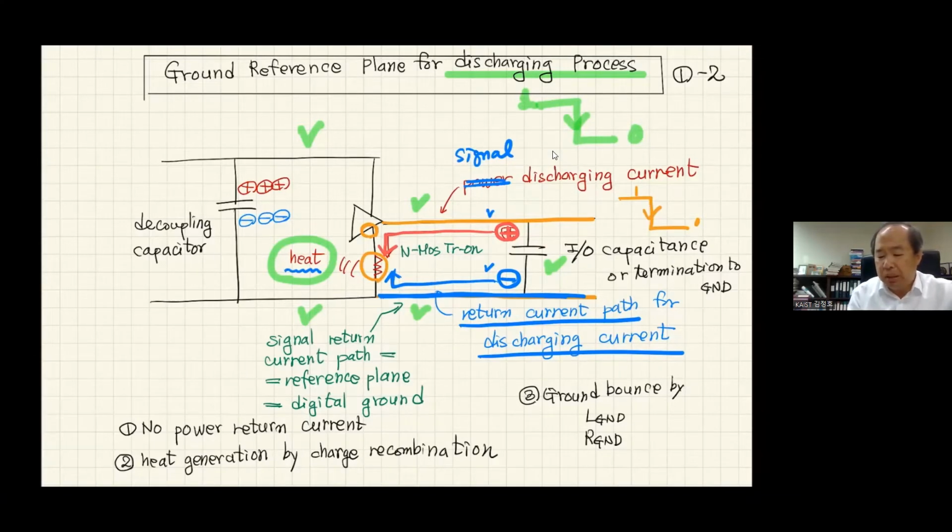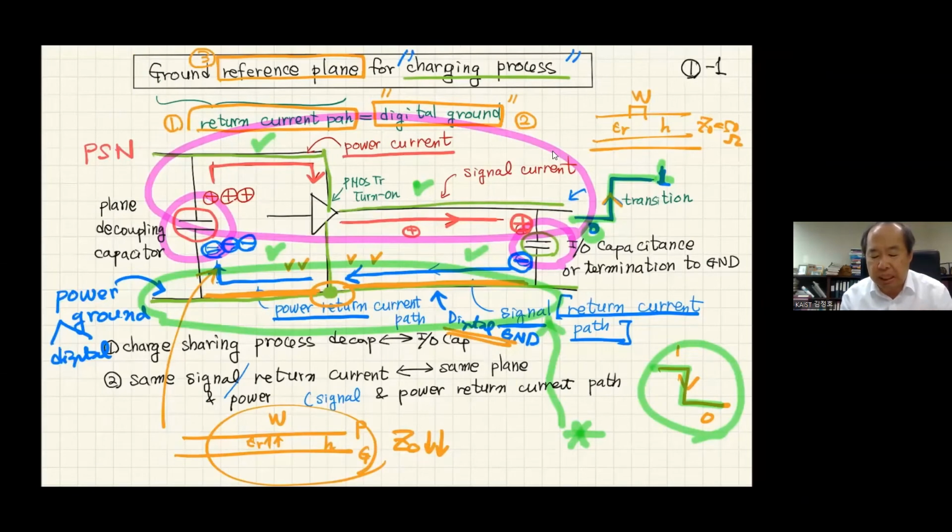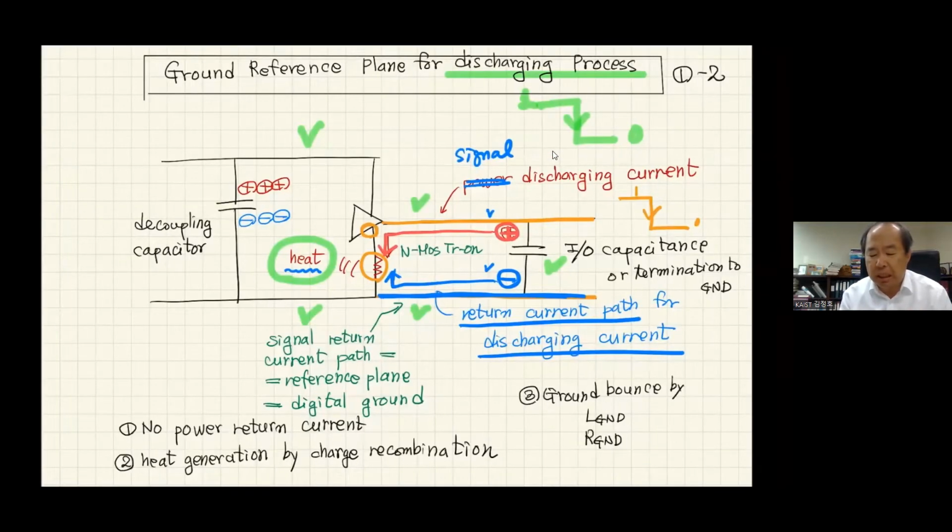The second meaning of this slide: in the first slide, I was saying that in the charging process, we're going to have signal current and power current. Because of that, we're going to have signal return current and power return current. But in this case of discharging process, we do not have power current and power return current.